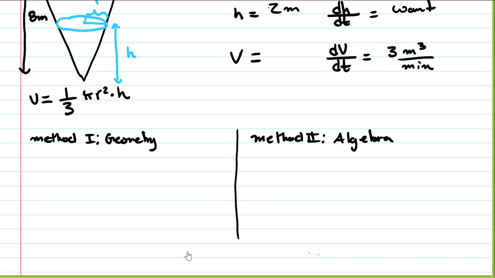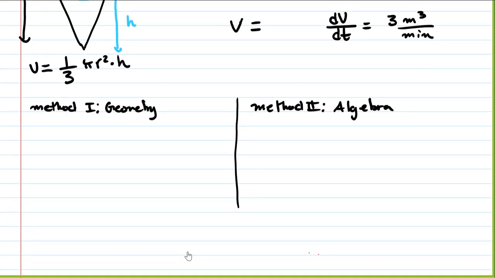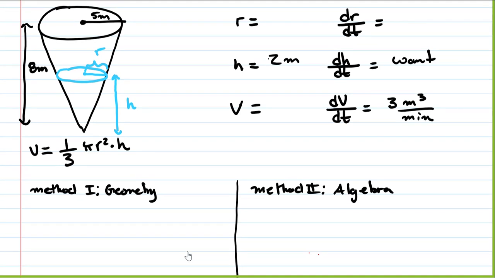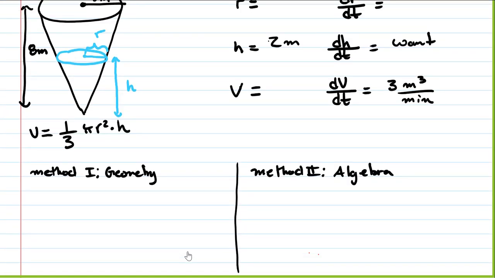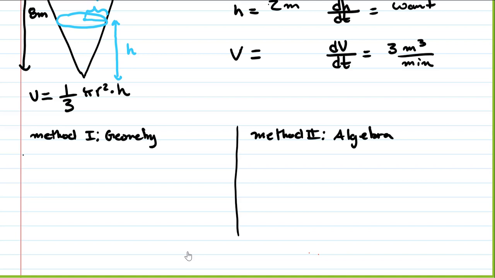So let's talk about the geometric method first, which is if we were to take a cross-section of this cone, so imagine cutting it on one of the diameters of the cone. If you cut it in half and laid it down, so let's do 2 cuts, it would look like this. So we cut the cone in half on a cross-section and then cut it in half perpendicular again, and we would get a triangle, right?